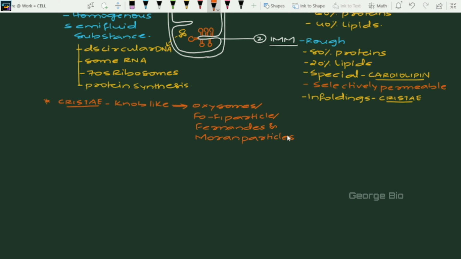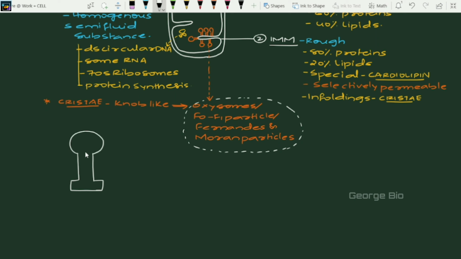Now if you look at these oxysomes, they are knob-like structures which consist of head and tail. So here a simple structure will take, the F0 F1 particle. The lower region is called a base, and the middle region is a slender stalk-like structure, and over the top it is called a head.